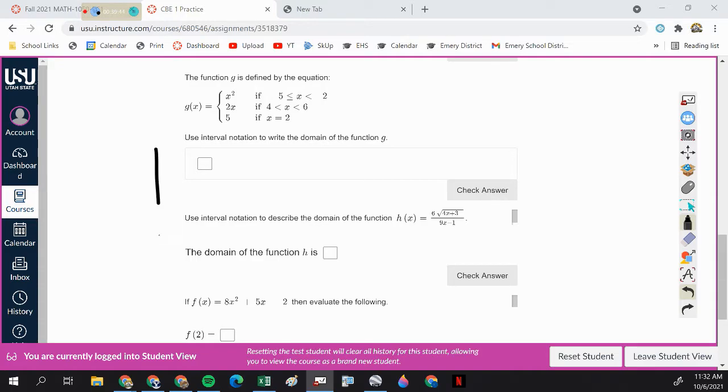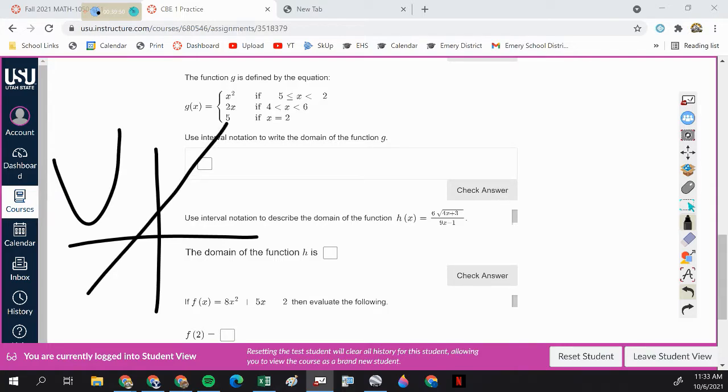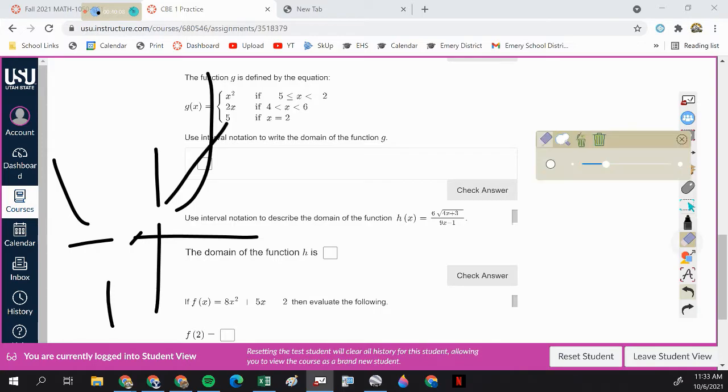What's going on here is you have multiple graphs that are graphed at the same time, and we're cutting it into pieces.